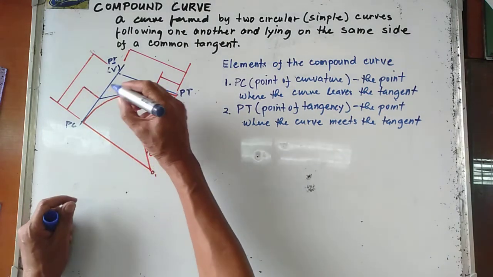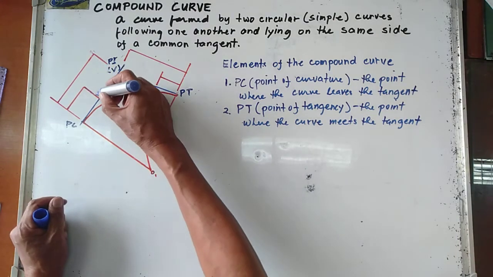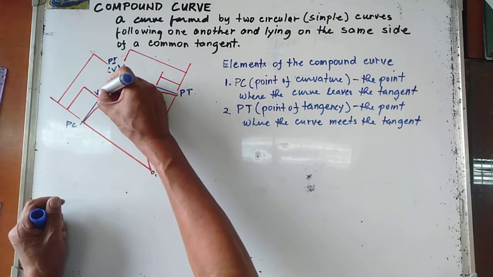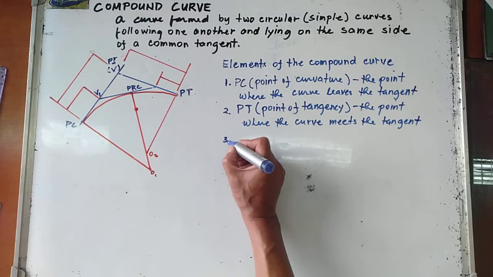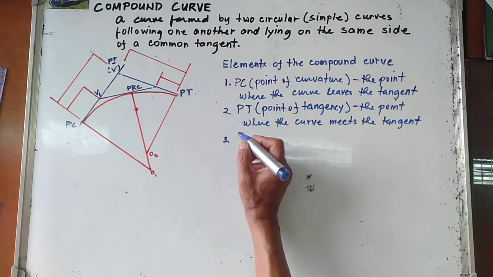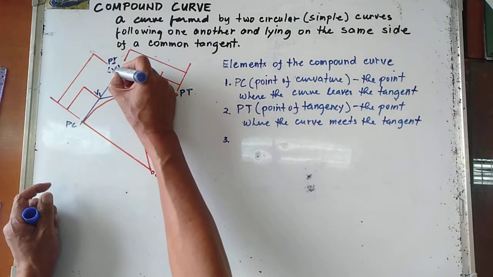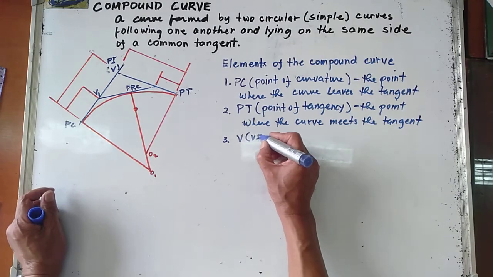Now, let's consider this one here as your V1. What is your V? Your V is the vertex.